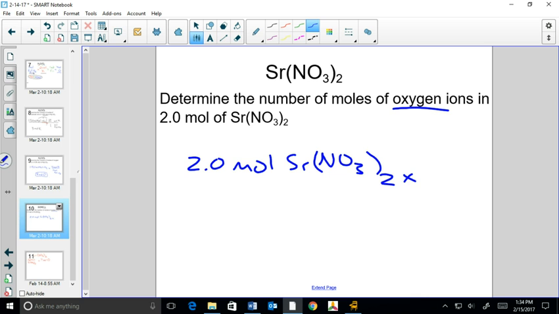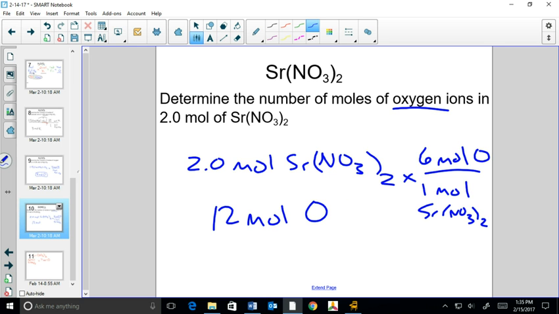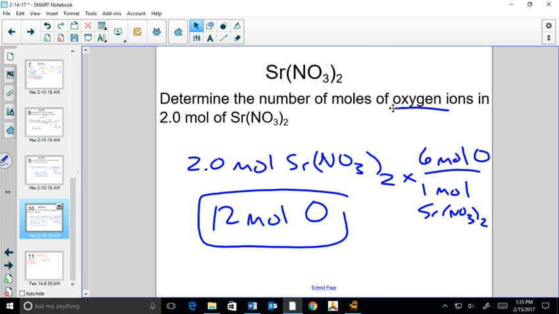You see here that I have 6 oxygens, right? 3 of them make up 1 nitrate and a 2 on the outside. So it's going to be 6 moles of oxygen to 1 mole of Sr(NO3)2. So 2 times 6 would give me 12 moles of oxygen. Hopefully that will make sense.